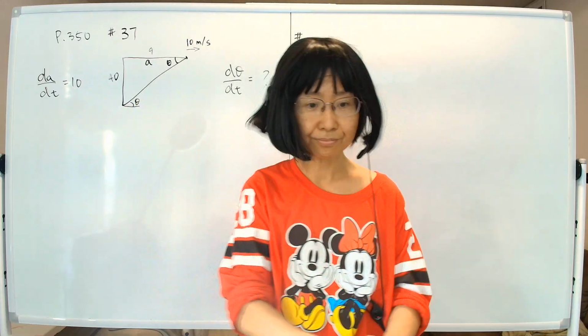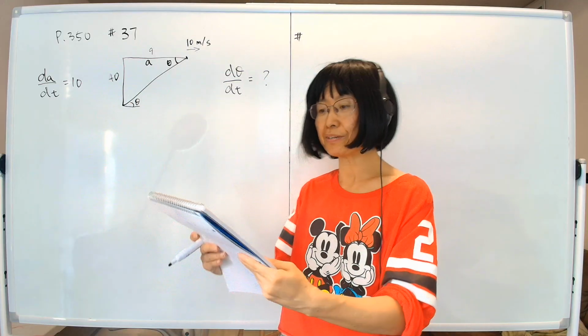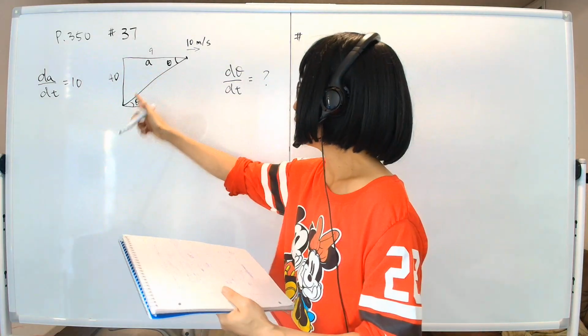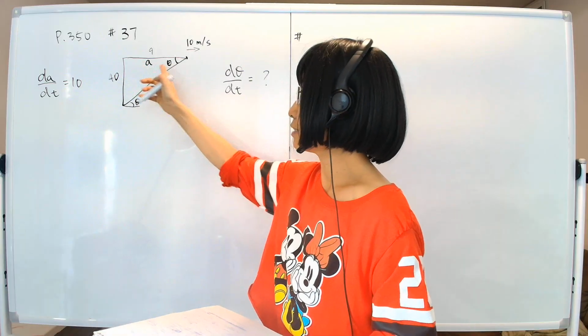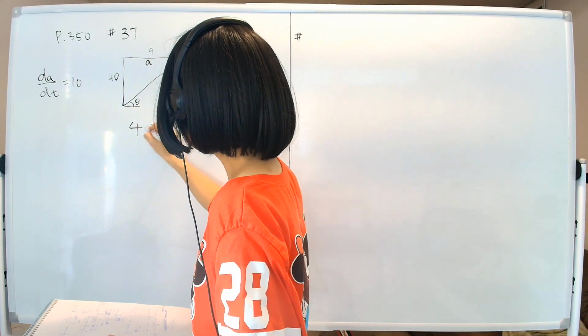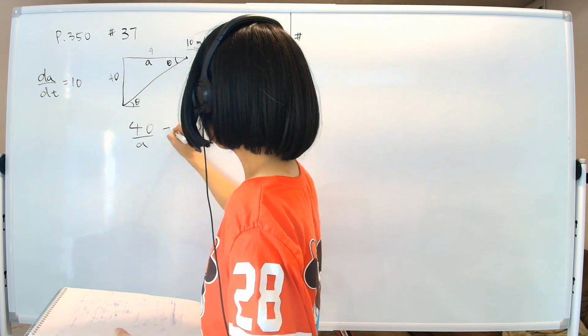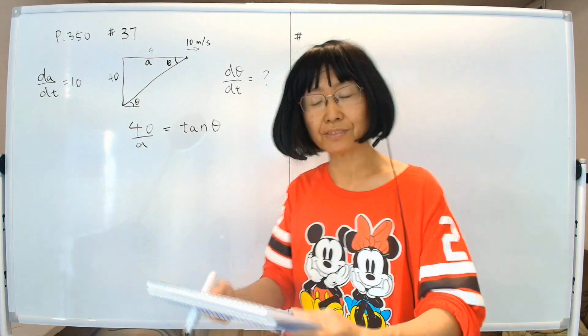All right. So to find the relationship between A and theta, we use the tangent equation, which is opposite divided by adjacent is tangent theta. So let's write down this equation. 40 divided by A equals tangent theta. That's the definition of the tangent.